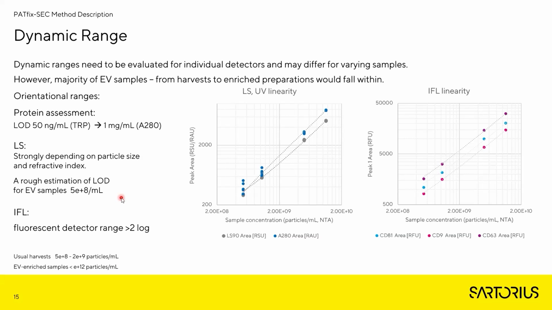The fluorescence detector has a dynamic range of over 2 logs. So, of course, it would depend on the fluorescent intensity of the probe and the amount of the marker present in the sample.